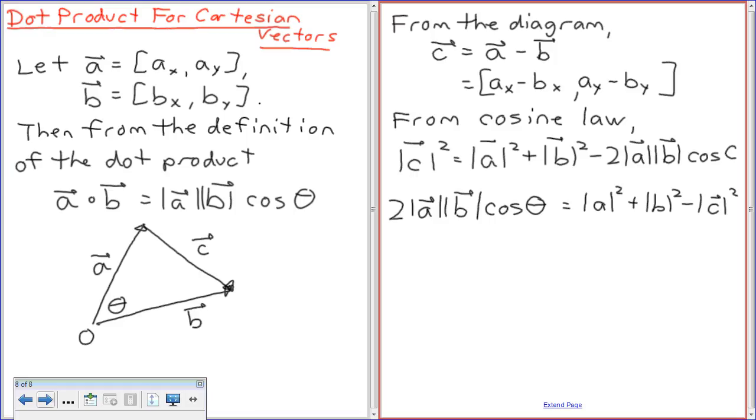I'm going to take a step back to make sure we're okay with the algebra. Can someone explain what I did there? Tori, go ahead. You moved the 2AB cos theta to the other side.